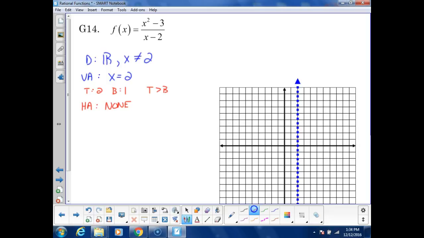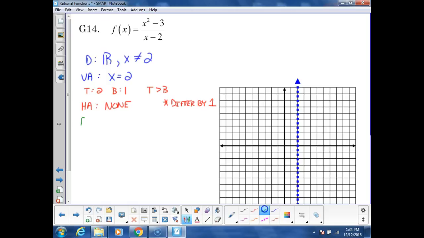Because the top is 1 degree higher than the bottom, because they differ by 1. So I'm going to put a little note here that they differ by 1, which tells me I'm going to have to do step 6. You only do step 6 if you differ by 1.